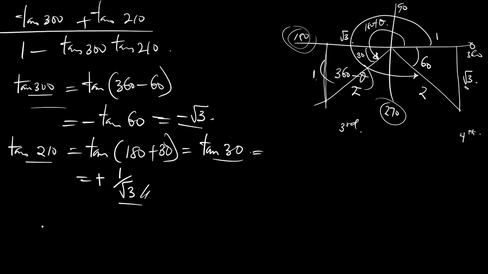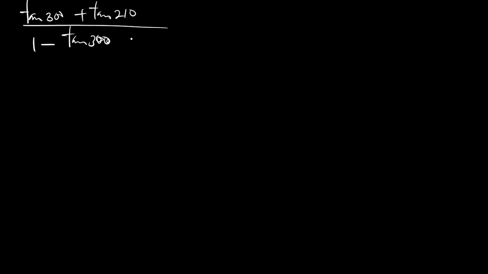So let's substitute. We now have the problem tan 300 plus tan 210 divided by 1 minus tan 300 tan 210.